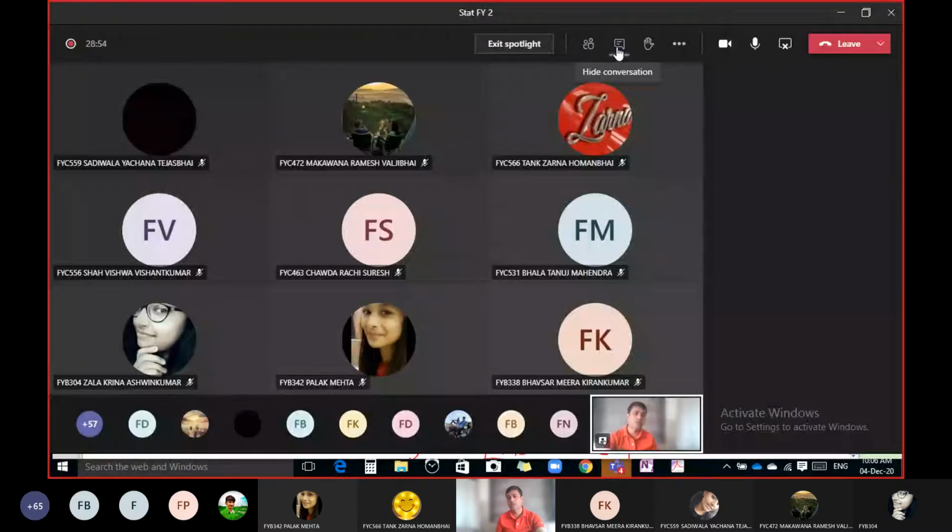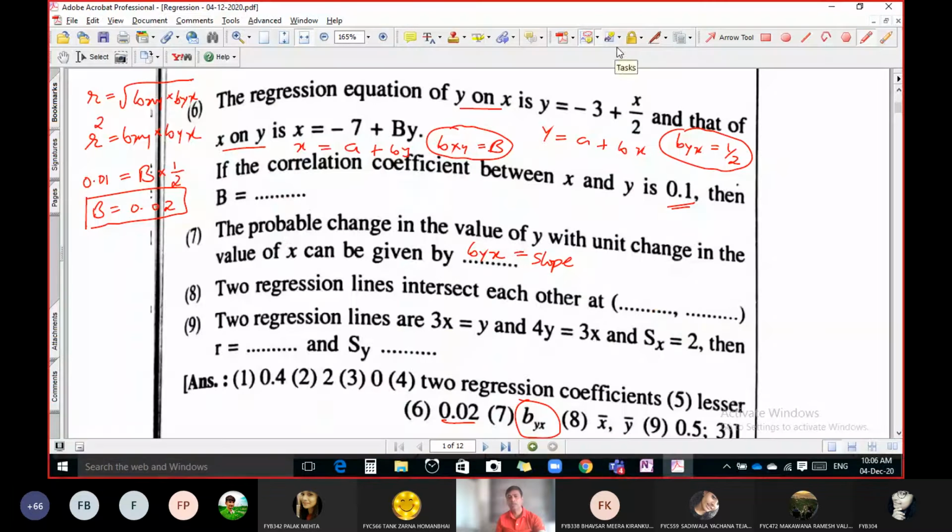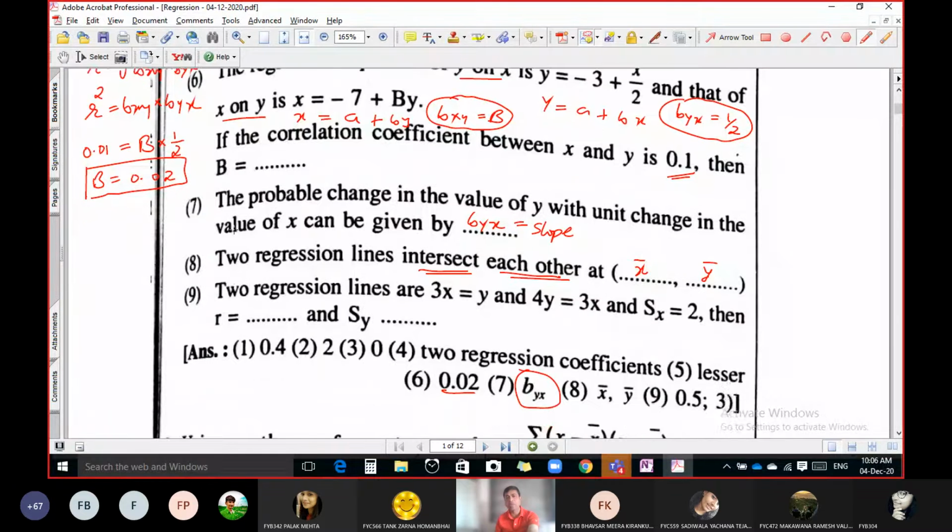So byx is the slope. We also know that two regression lines intersect each other at their means, that means x bar and y bar. That is also a property.